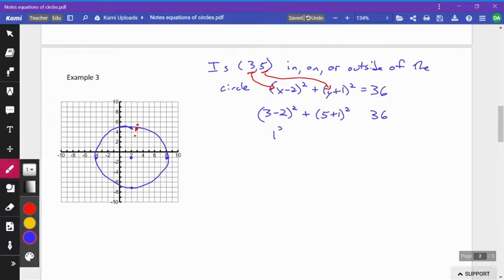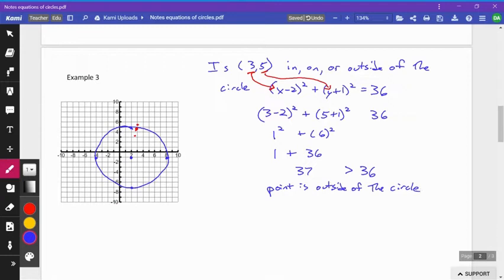So if I do this, that's 1 squared plus 6 squared. So that's 1 plus 36, so that's 37. 37 is greater than 36. So what this is telling me is that the point is outside of the circle.